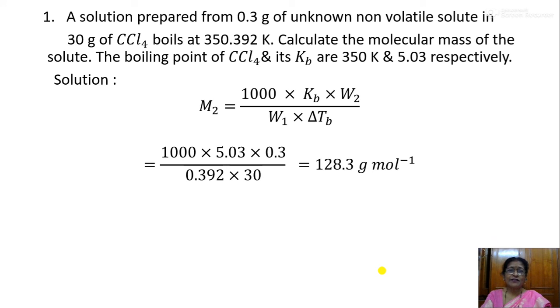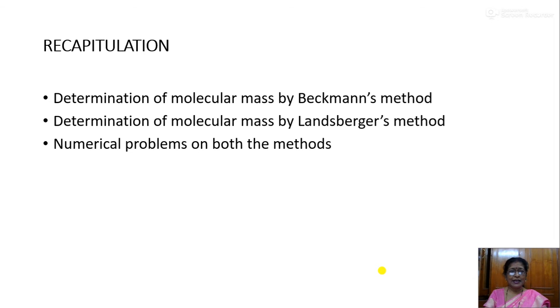The boiling point of CCl4 and its Kb are 350 Kelvin and 5.03 respectively. Now using the same formula, M2 is equal to 1000 into Kb into W2 over W1 into delta Tb. Substituting all the values, you will get 128.3 gram per mole.